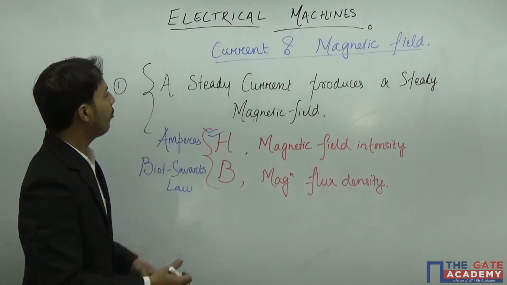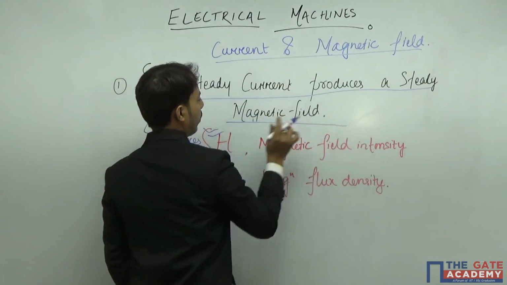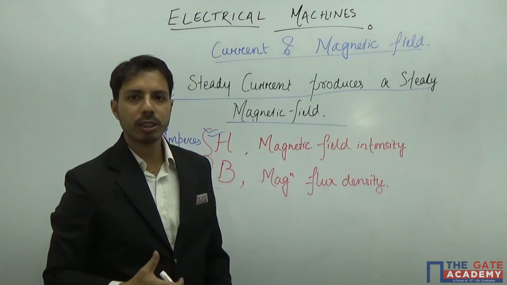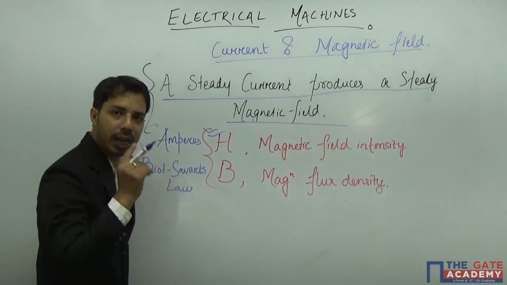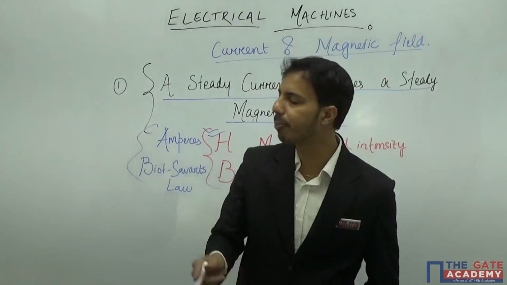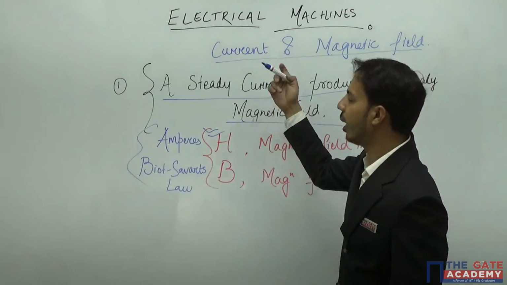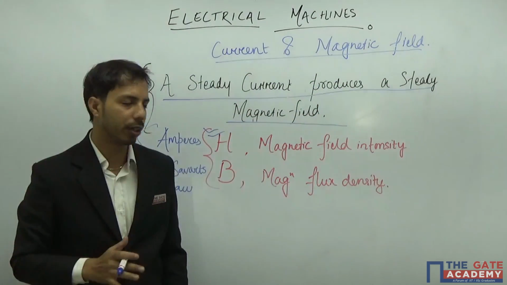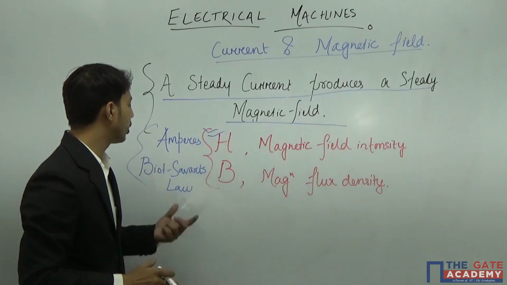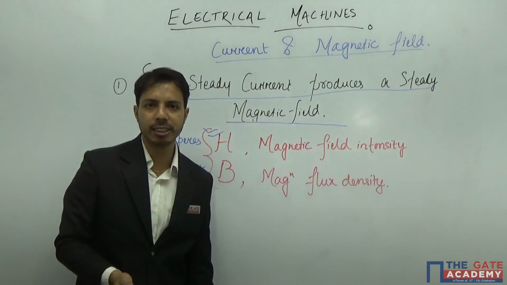These laws have evolved from this particular statement, so they depend on it. That means Ampere's law and Biot-Savart's law are only applicable when I have a steady current. Clear? This is very important. You cannot apply Ampere's law or Biot-Savart's law if the current is not steady, or in other words, a changing current.